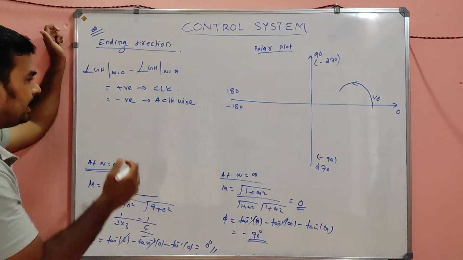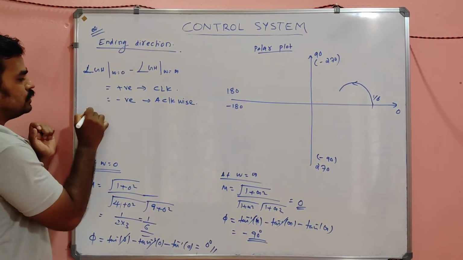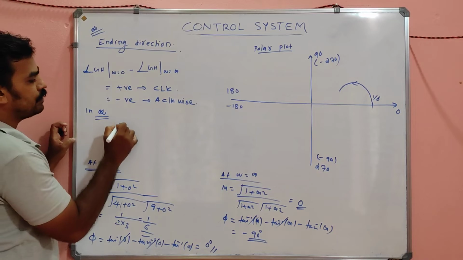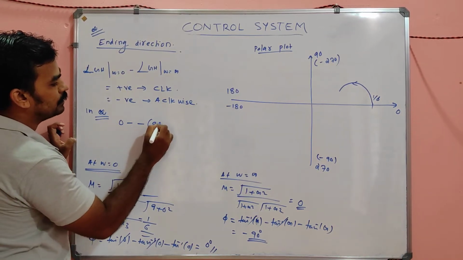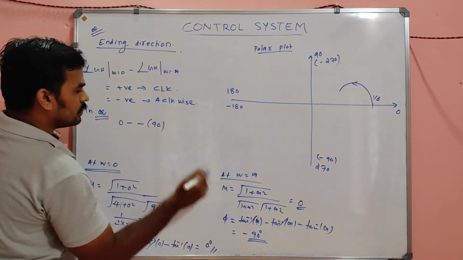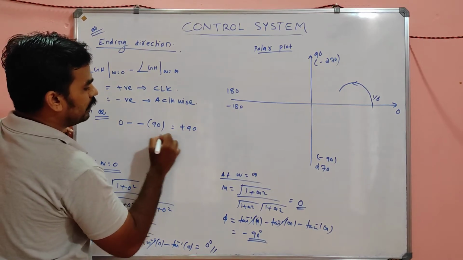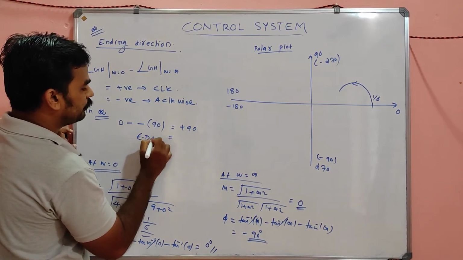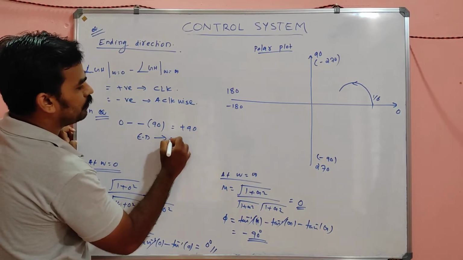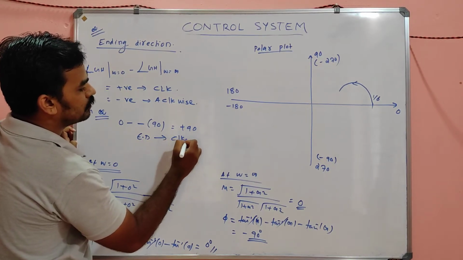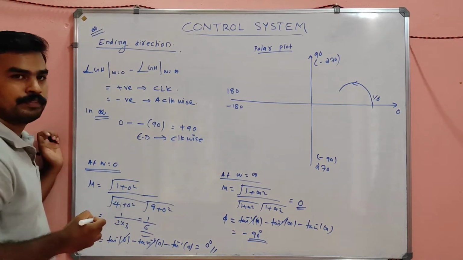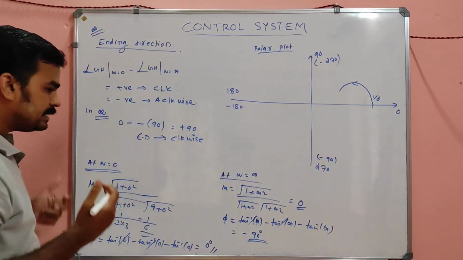So the difference in angle will be 0 minus 90, which will be plus 90. Since it is plus, the ending direction will be clockwise. Is it clear?